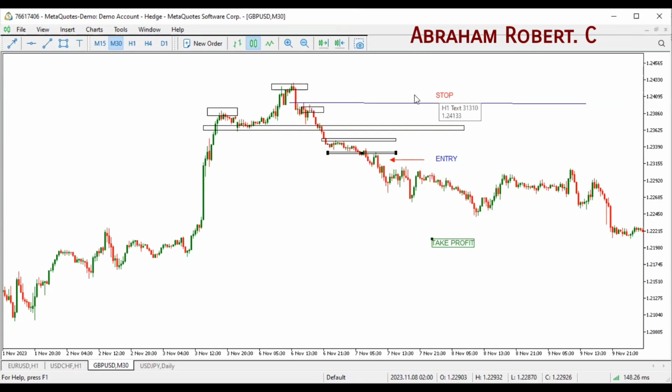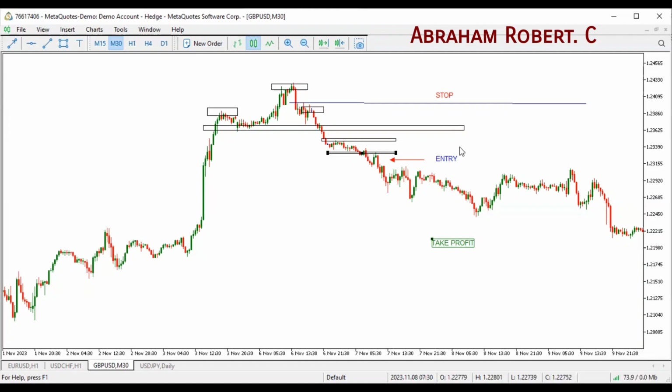My stop will be above this level because I always leave my stop a little bit higher than the previous low or the previous high, so that I can give room for the market to do what it wants to do. But like I keep saying, whenever you are using a wide stop, always reduce your lot size so that you will not be risking much.